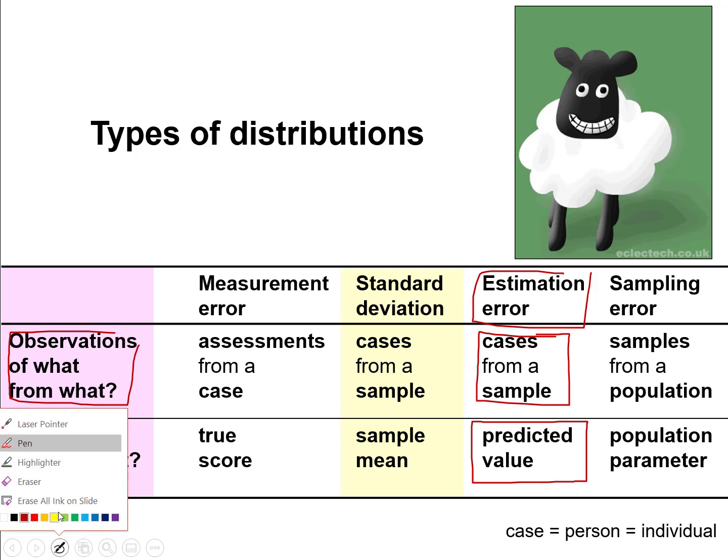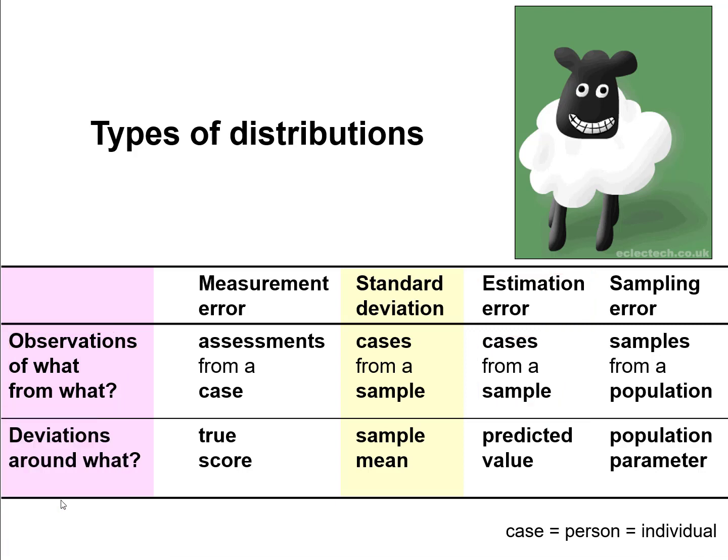Now, as we're going through this googly-eyed sheep table and these different types of distributions, one thing that you'll notice is that some of these different distributions are going to be nested within each other. So the next type of distribution I want to look at is something called measurement error. As we'll see in a moment, to answer this first question, observations of what from what, measurement error will be observations of assessments from a single case.